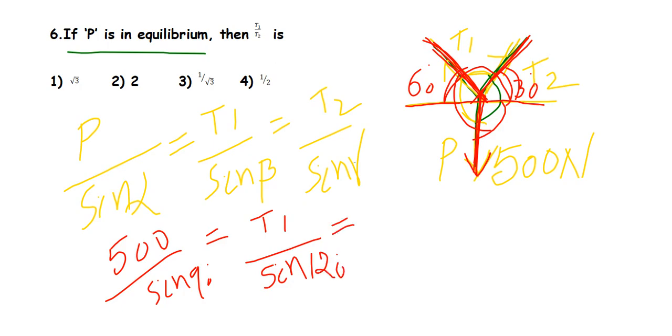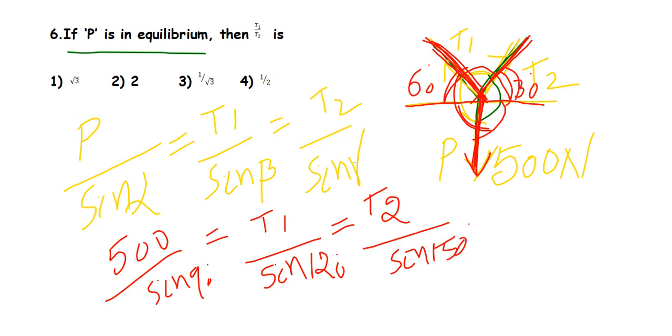And T2 by sin of the angle between P and T1, that is 90 plus 60, sin 150.